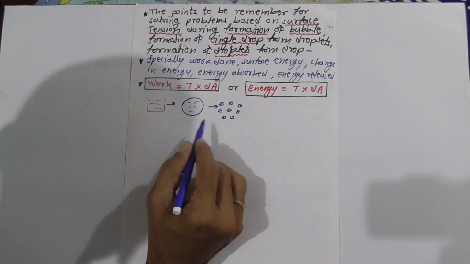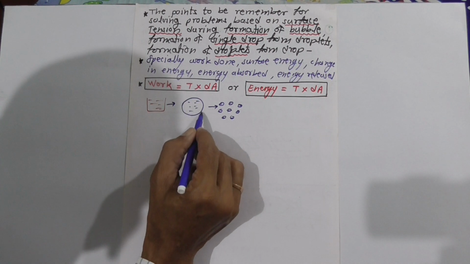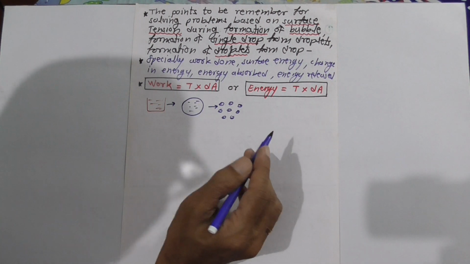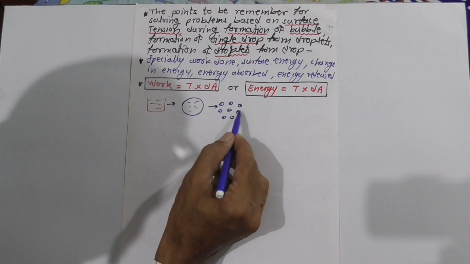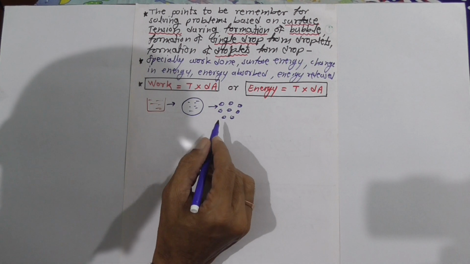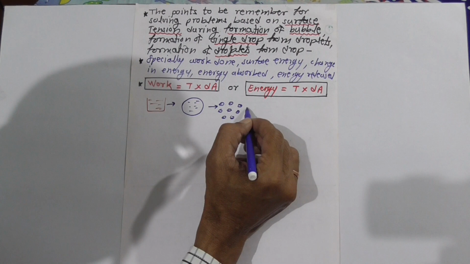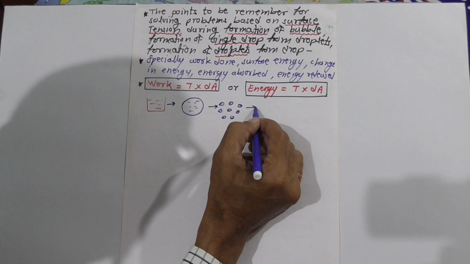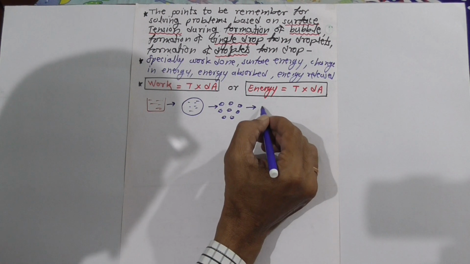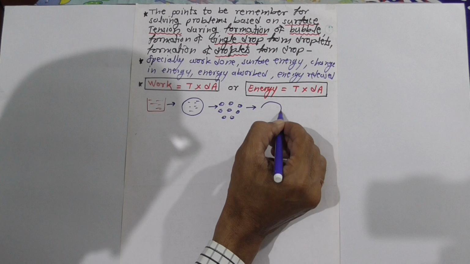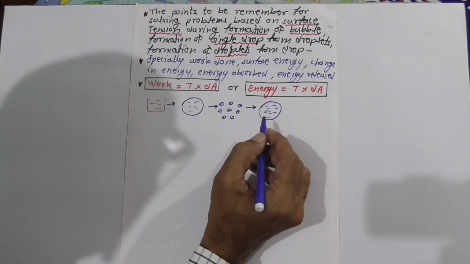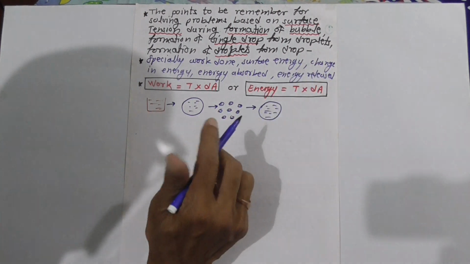This is because the total surface area of the single drop is very small as compared to the total area of all these droplets. If these droplets again come close to each other, or coalesce, or merge together to produce the same single drop, then here again energy is given out.